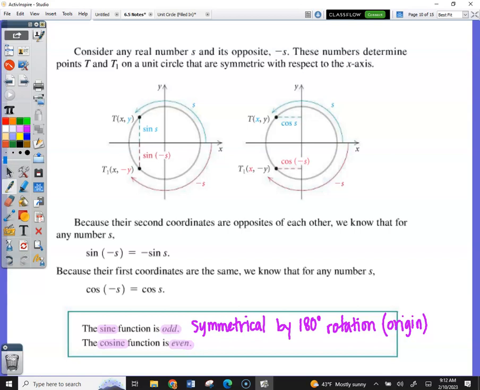Odd means symmetrical around the origin. It would be the equivalent of taking your paper and turning it upside down, and it's the same graph. Even, if you think back to college algebra, we went with the quadratic mother function. It sits right in the middle of the y-axis, and you can fold it on the y-axis, and it's the same graph.